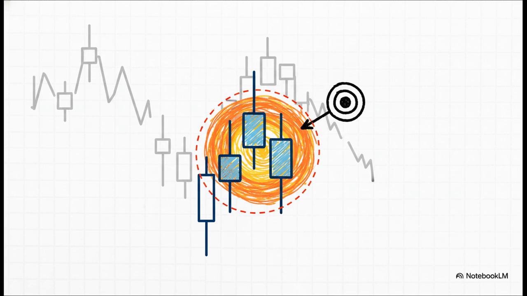Okay, that's one clue. That's a point of interest. But then you zoom in and you see that inside that breaker zone, there's also a fair value gap. Whoa, now you have 2 completely separate signals pointing to the very same area. That's a high probability setup. But, and I can't say this enough, none of that matters one bit if you got the overall direction, your A to B analysis, wrong in the first place.